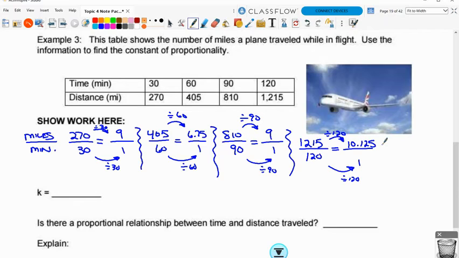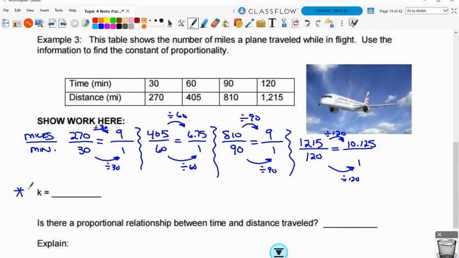Okay, so we have a unit rate of 9 over 1, 6 75/100 over 1, 9 over 1, 10 125 thousandths over 1. Okay, notice that not all of them are equal to each other. You have 2 of them that are equal to each other, but not all of them are equal to each other. Since the unit rates are not the same, the value of K, well, it doesn't exist because they're not equal to each other.